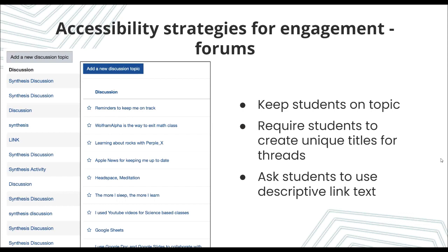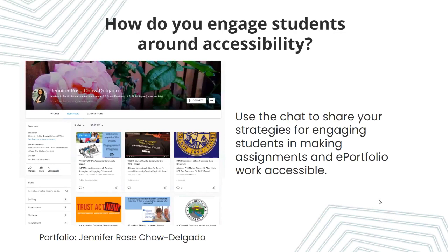And so you can see my bullet, which repeats something I shared earlier, asking students to use descriptive link text when they're creating links from their discussion posts. So it's not just the titles, but if they create links within their discussion posts, telling them strategies for making them descriptive as well.